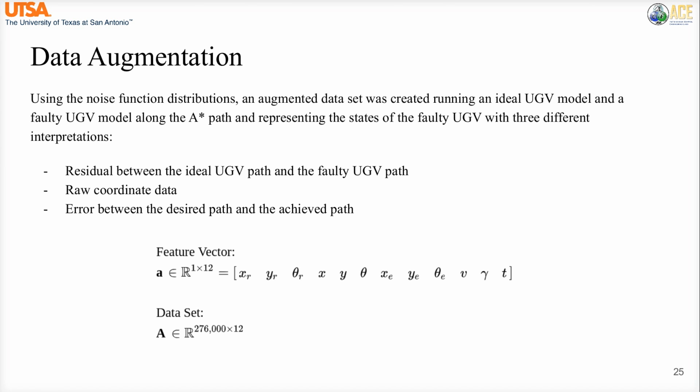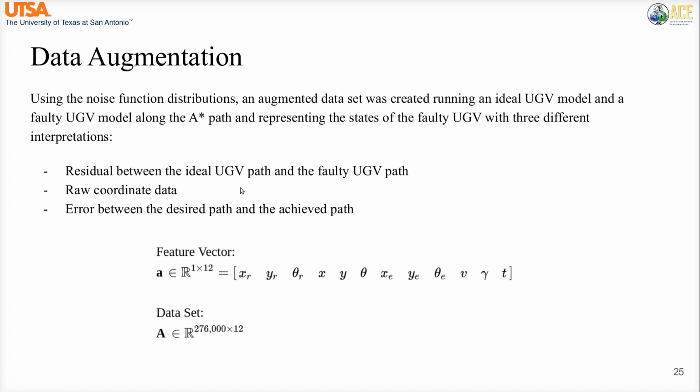In addition to that, I also recorded the velocity, the steering, and the timestamp of each individual record. So I have this feature vector, which is 1x12: the three residual state values between the ideal UGV and the faulty UGV, the three raw coordinate data values, and the three coordinate values of the error between the desired path and the actual achieved path of the faulty UGV.